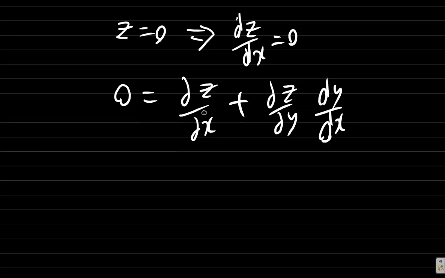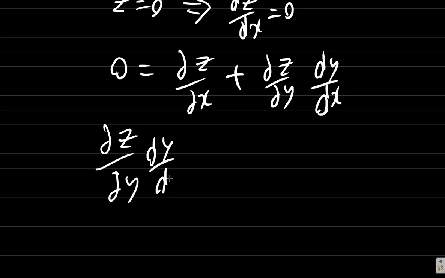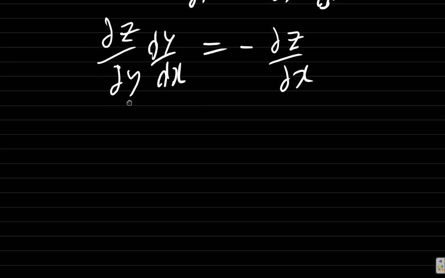And we transpose for dy by dx. So if we put this on the left, partial of z with respect to y, dy by dx equals, we subtract partial of z with respect to x from both sides, so I have negative partial of z with respect to x. And remember, when I say partial, it means partial derivative. So dy by dx is equal to, you're going to divide by partial of z with respect to y.